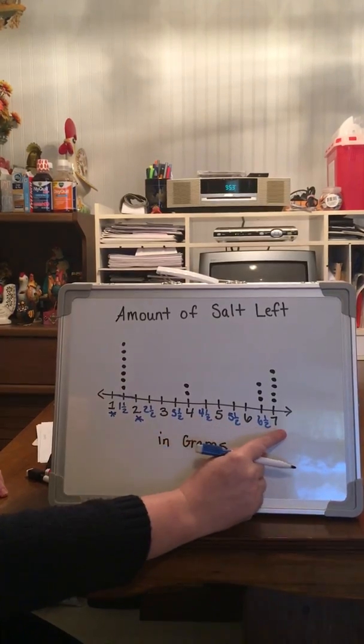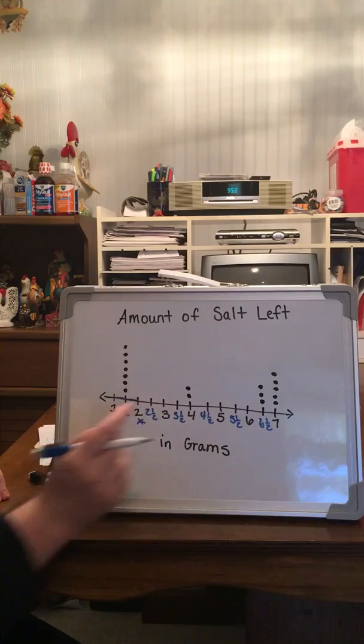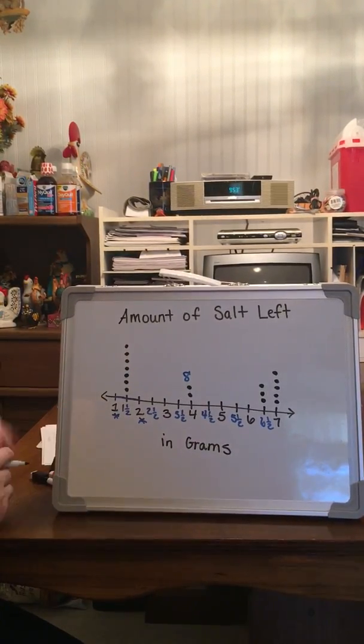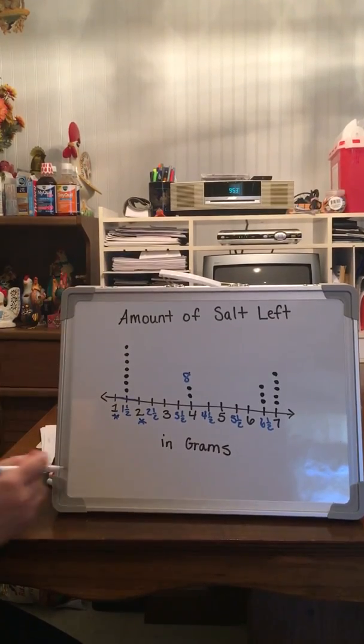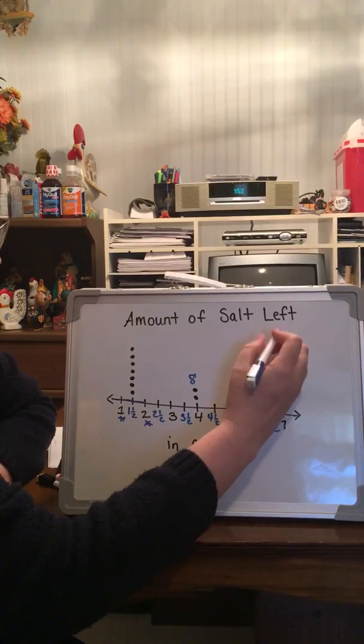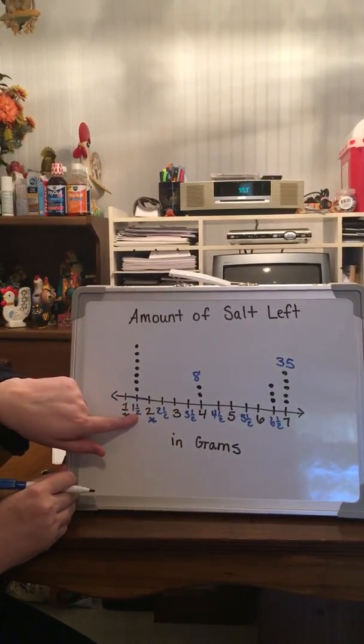Well, the 4 and the 7 are whole numbers, so they're easier to figure out. 4, and I have 2 dots. Well, what's 4 times 2? This is 8. Remember, we're finding the total all together. 7, I have 1, 2, 3, 4, 5 dots. That's 35.